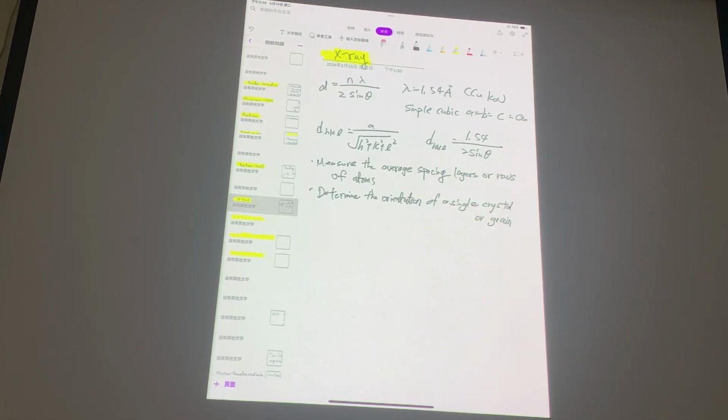Right. And find the crystal structure of an unknown material, and then you can measure the size, shape, yes, of a small crystal.